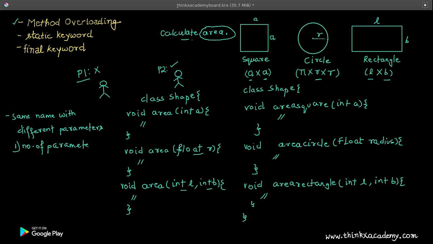But you can see that in these two functions, this one and this one, the number of parameters are same. So how will the user distinguish these two functions? So let's suppose the user creates an object S of this class, and now he wants to calculate the area of the circle, and so the radius is given.